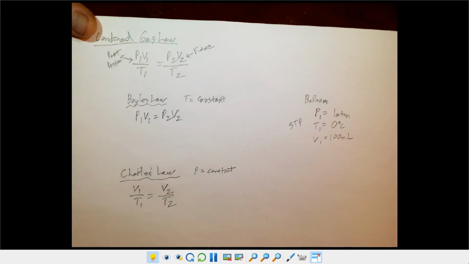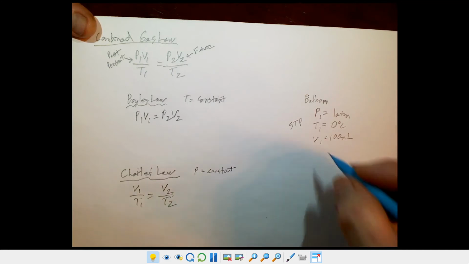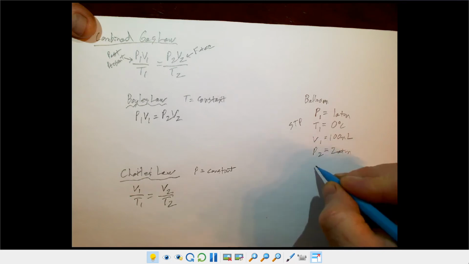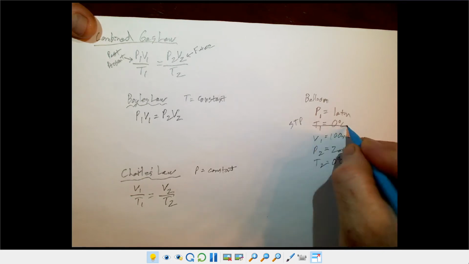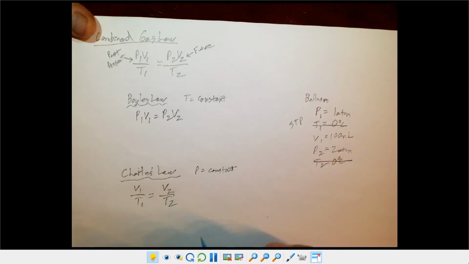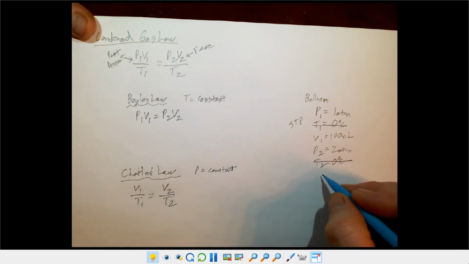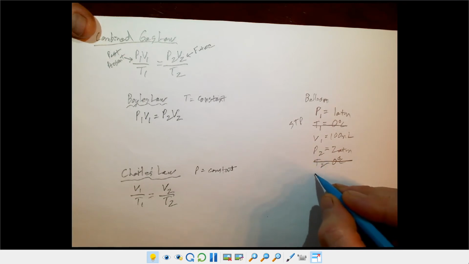And then they tell you that the pressure changes. Let's say it goes up to 2 atm, but the temperature stays the same. If it's 0 degrees Celsius, we don't need that information in the formula. And then the last piece of the puzzle is what happens to the volume.